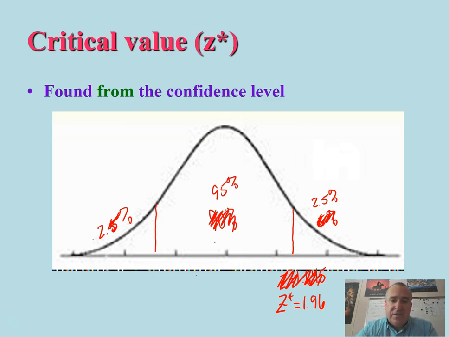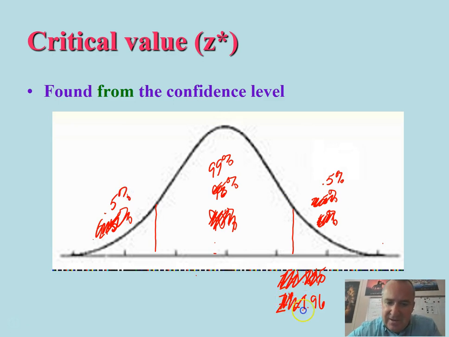And then finally, the third one that we use a lot is what if we want to be even more confident? What if we want to capture 99%? If we wanted to capture 99%, that means this area out here is 0.5%, and this area out here is 0.5%, and this z critical value is not 1.96. Now this z critical value is 2.575.